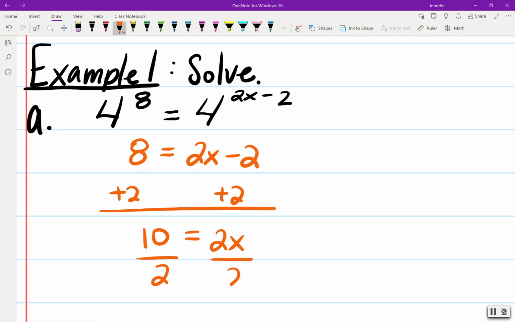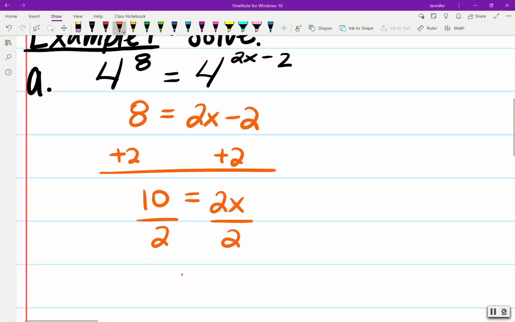So once we do that, it should be easy solving. So if the bases are the same, we're going to take the exponents, set them equal to each other, and solve.